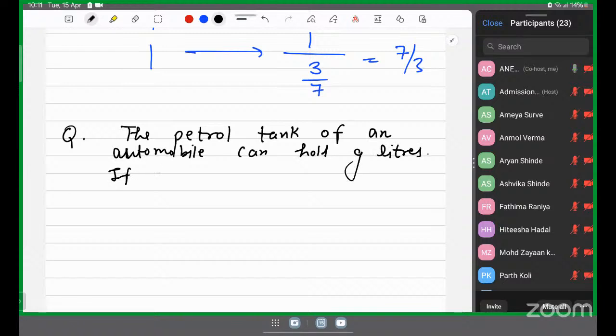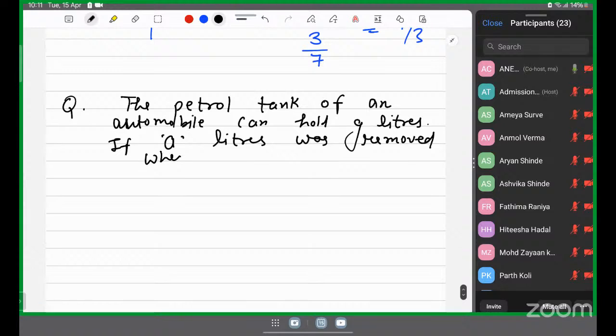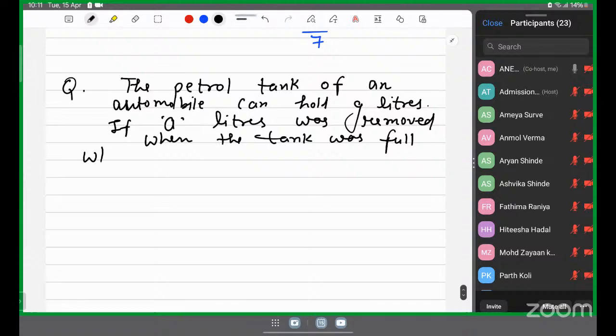If A liters were removed when the tank was full, what part of the full tank is removed?